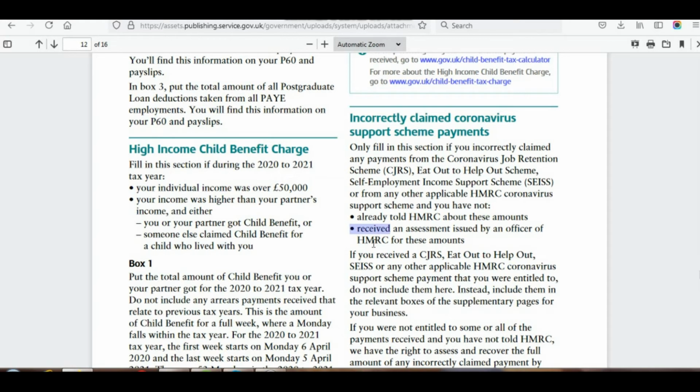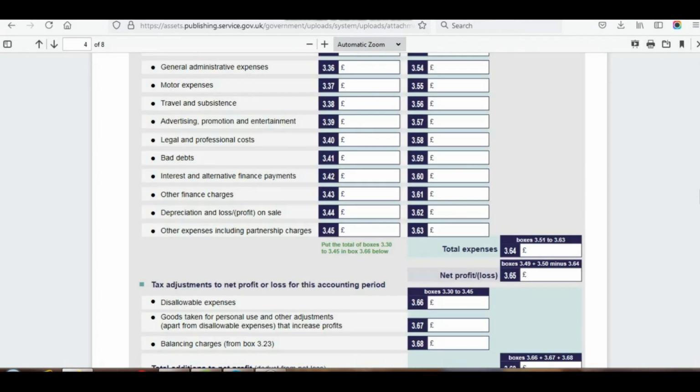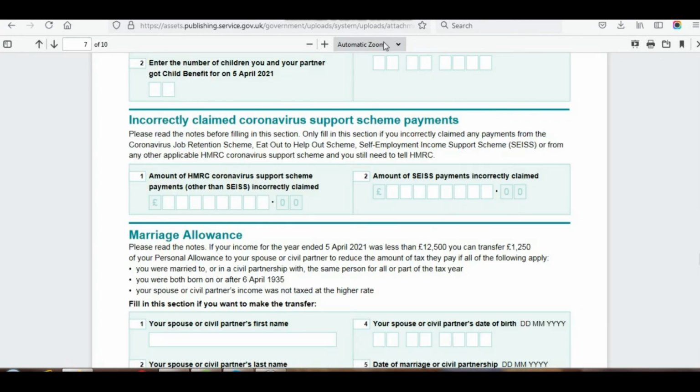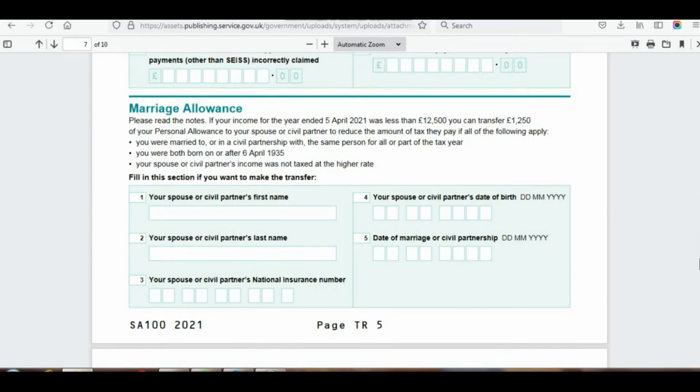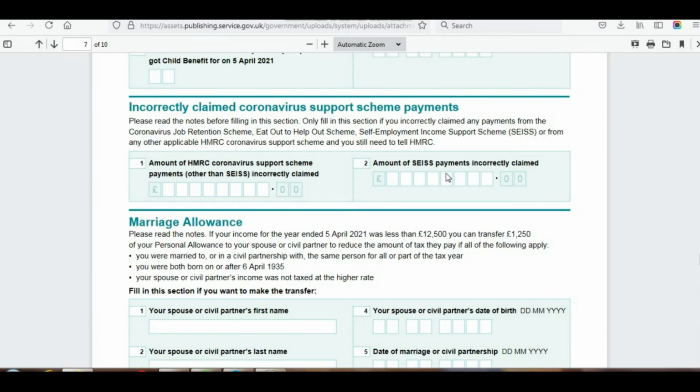So for any incorrectly claimed coronavirus, there are separate sections available both in SA800 and SA100. In case of SA100, it is on page TR5, incorrectly claimed coronavirus support scheme payments. Use first box for the amount of HMRC coronavirus support scheme payment other than SEISS incorrectly claimed.